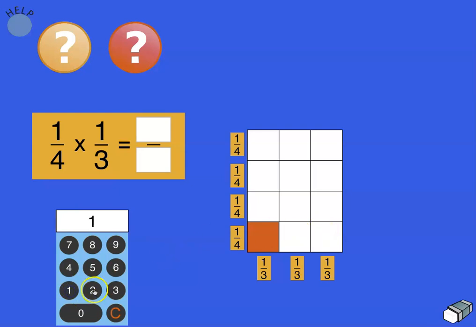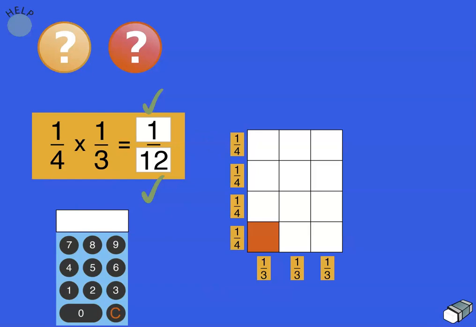So the denominator is going to be 12. There's only one square that's been filled in red, so that means the numerator is going to be 1. In other words, 1/4 times 1/3 equals 1/12.